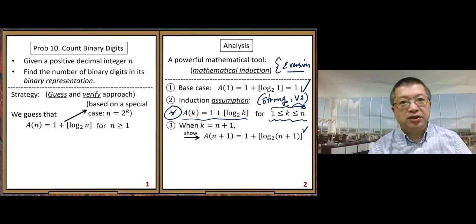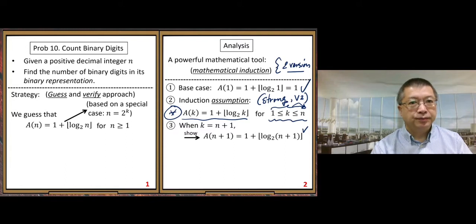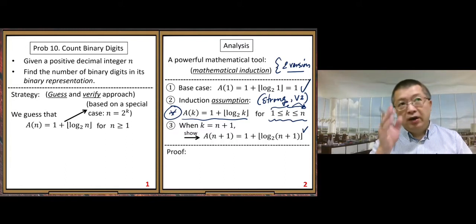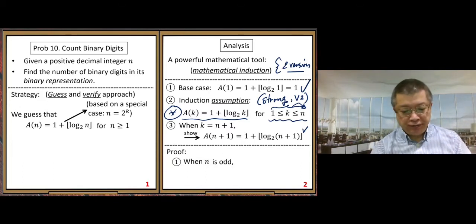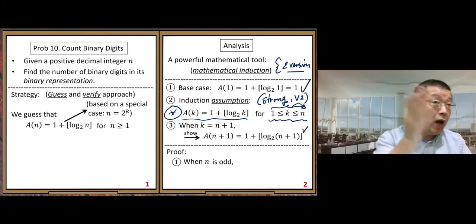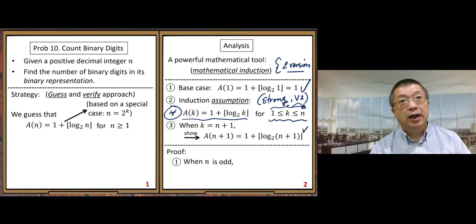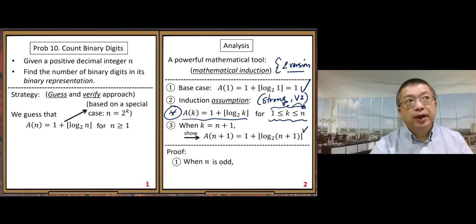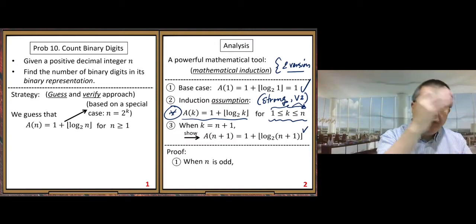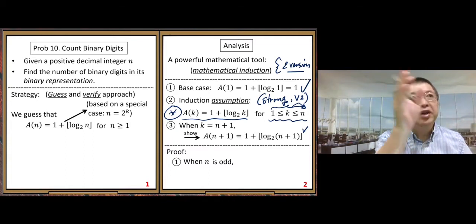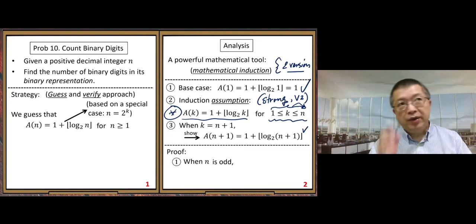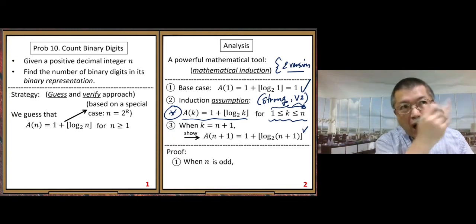All right, so let's do the work. Proof. For the proof, we need to consider 2 cases, even and odd. Why? It's very easy. For even and odd numbers, the behavior when you take log base 2 will be different. That's why we consider even and odd.